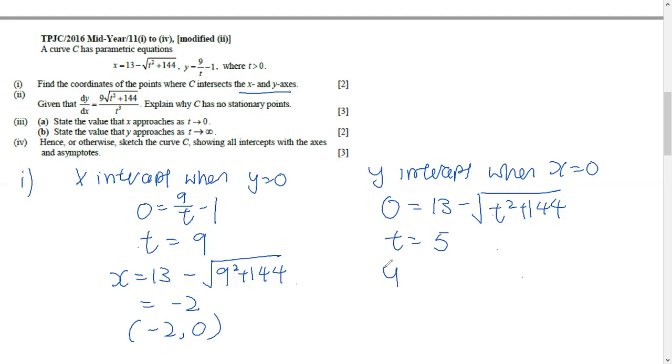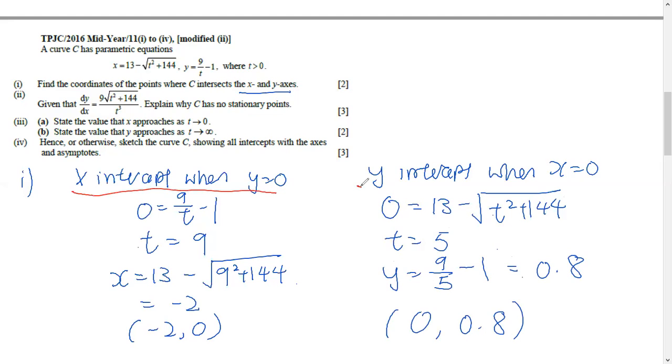Then you take this 5 and sub it into the y equation. You will get 0.8, so the coordinates will be 0 and 0.8. The t equals 5 doesn't have to appear. It's the same way we start off for the Cartesian equation: x-intercept when y equals 0, y-intercept when x equals 0.